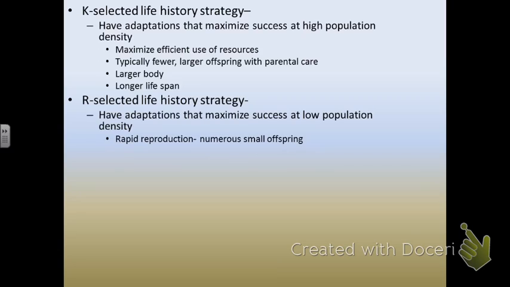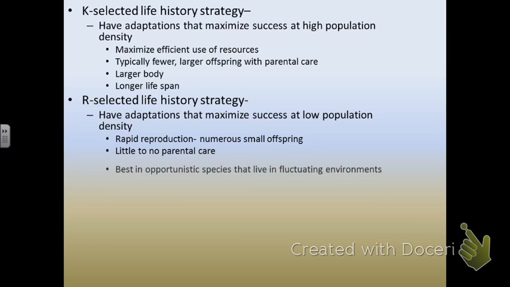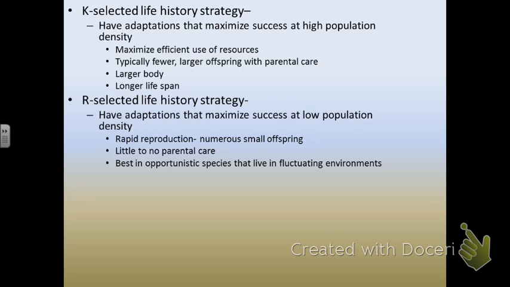So rapid reproduction. They have lots of small offspring. They don't put as much energy into just one or two offspring. They put their energy into huge numbers of offspring. They don't spend much energy on parental care. This is really good for species that are being opportunistic, because they live in environments that are not steady.